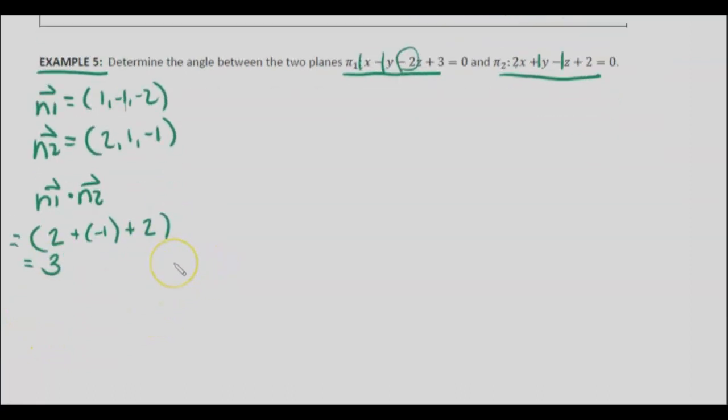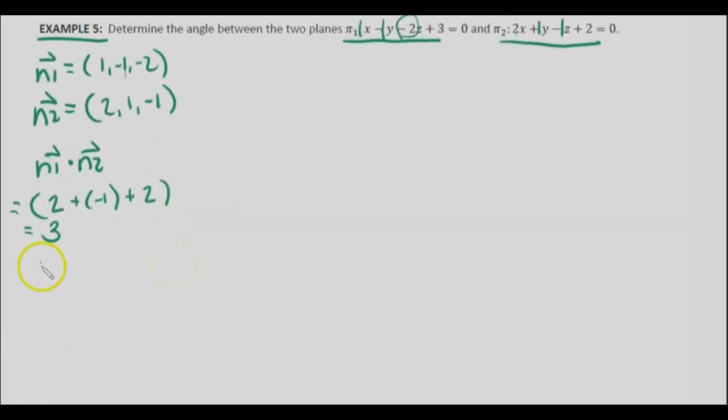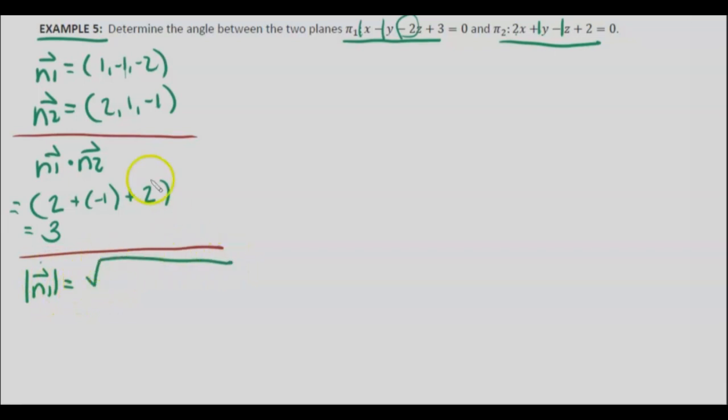Okay, now let's find the denominator. So that's the dot product. We'll find the magnitude of n1. So we have 1 squared plus -1 squared plus -2 squared.